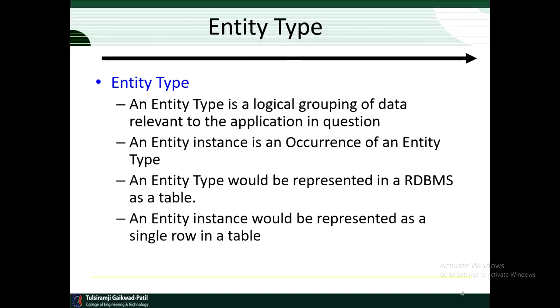The types of entity: an entity type is a logical grouping of data relevant to the application in question. An entity instance is an occurrence of an entity type. An entity type would be represented in an RDBMS as a table. An entity instance would be represented as a single row in the table.